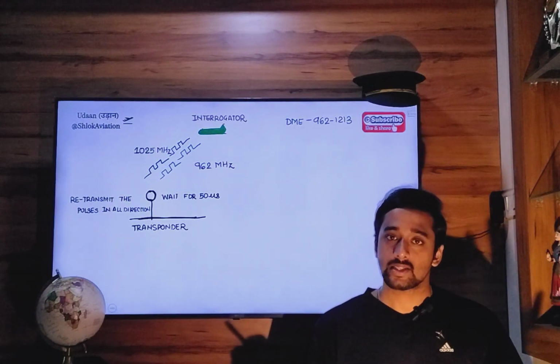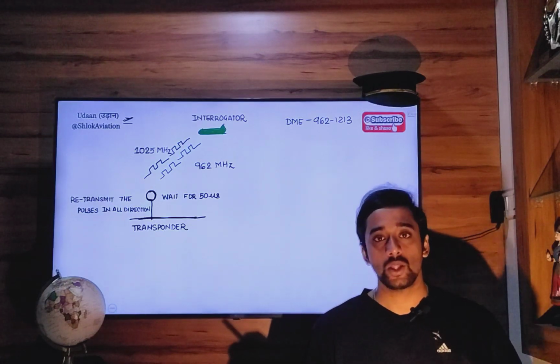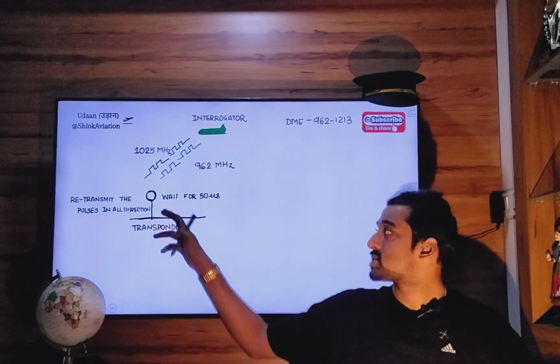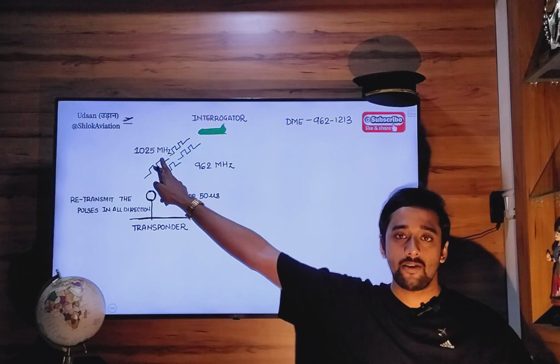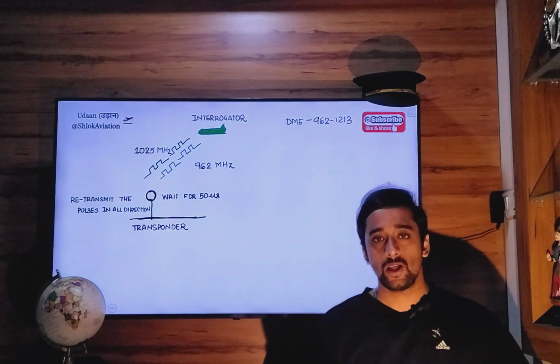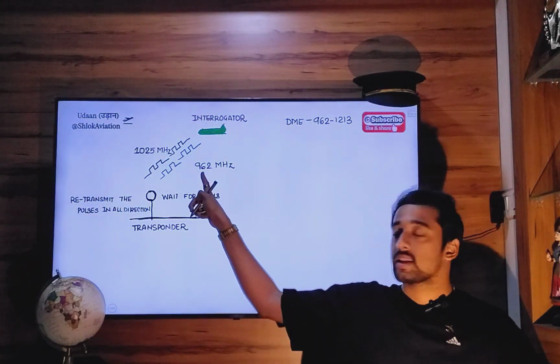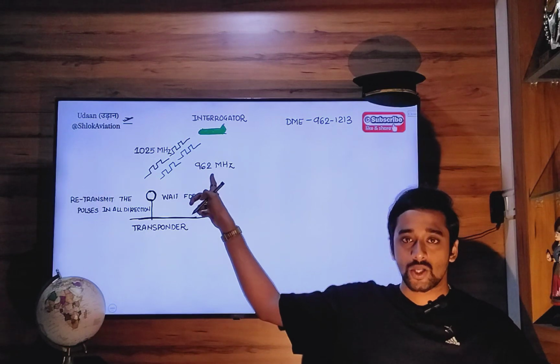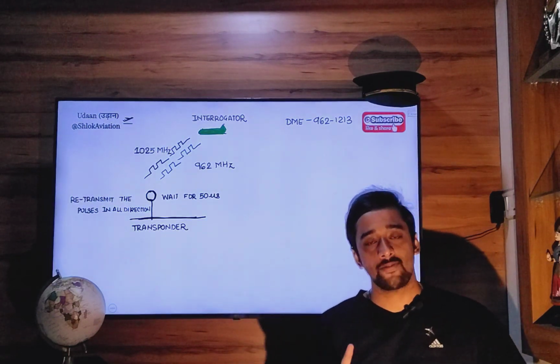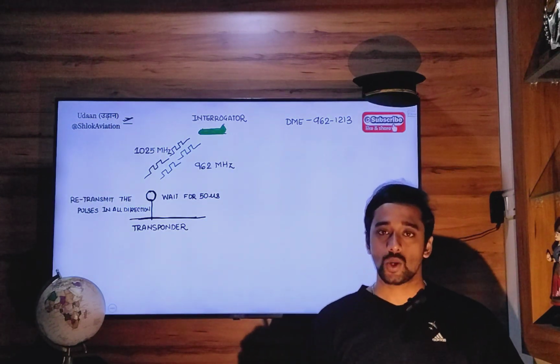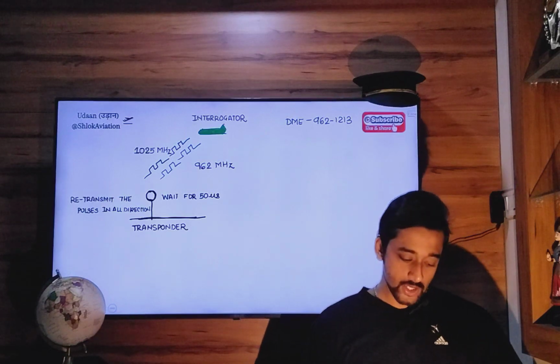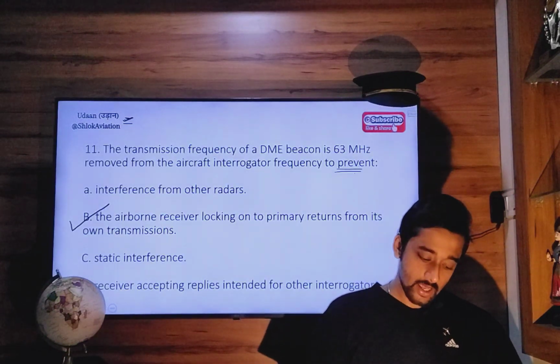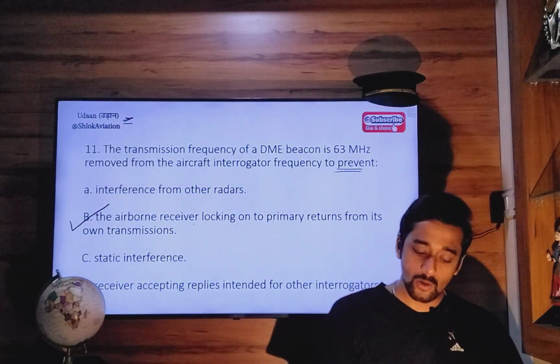It will accept only those reply pulses which come at a certain frequency, which is 1025. Any reflection will be at the same frequency as 962 megahertz. So the DME receiver will come to know that and it will reject those reflections or returns coming from the ground. So the correct answer is airborne receiver locking onto primary returns.